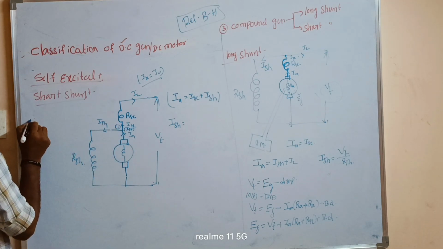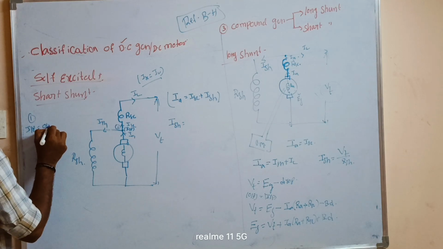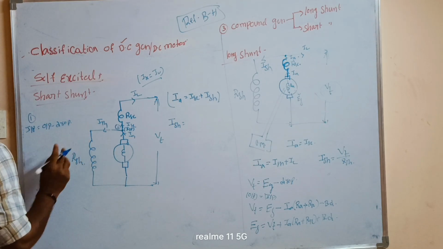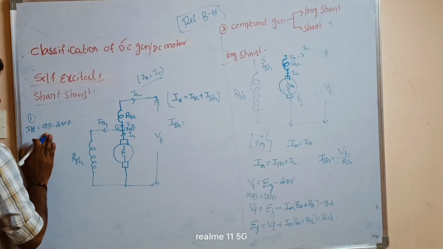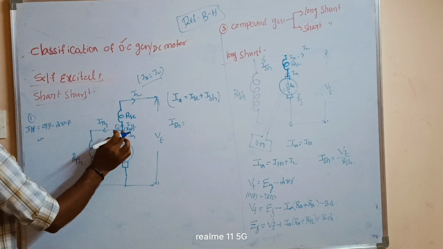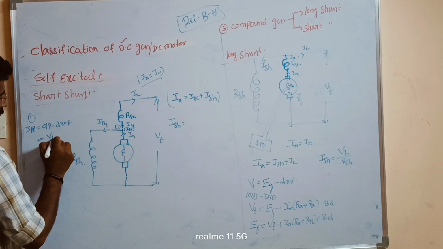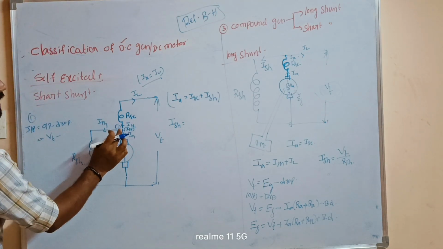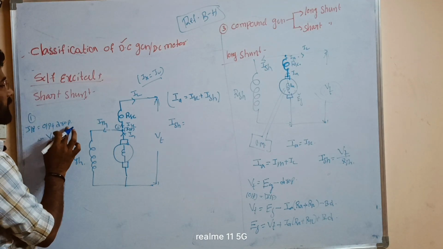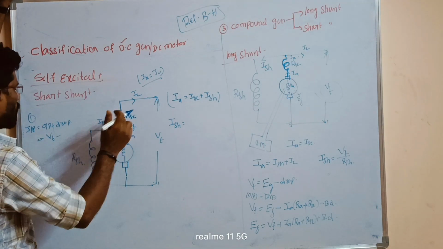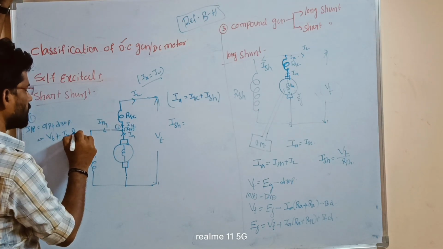The input is equal to output plus drop. Input is always output plus drop. So we can find the input voltage at point 1. The output is the terminal voltage VT, so what is the drop? ISC, where ISC is equal to IL, into RSC.